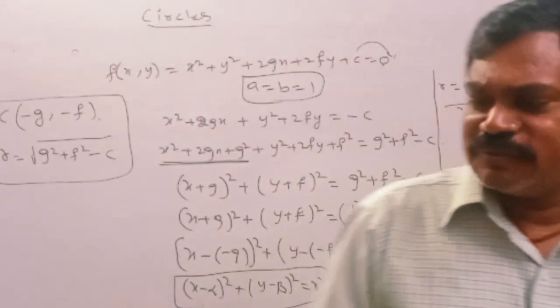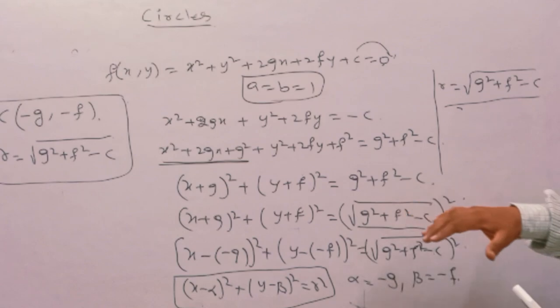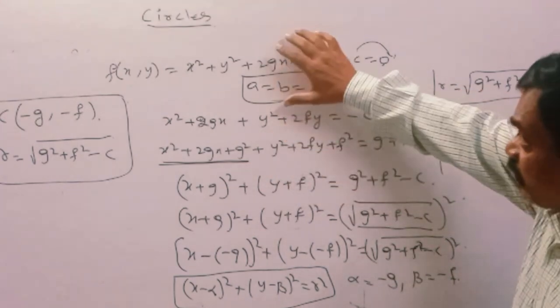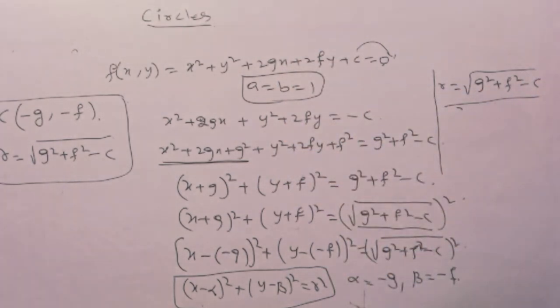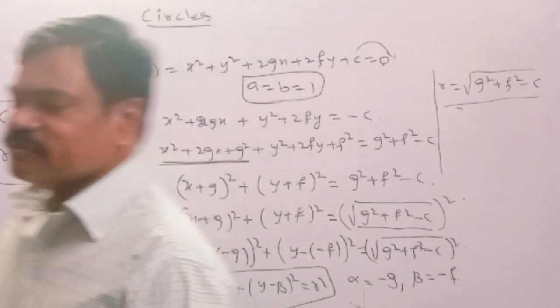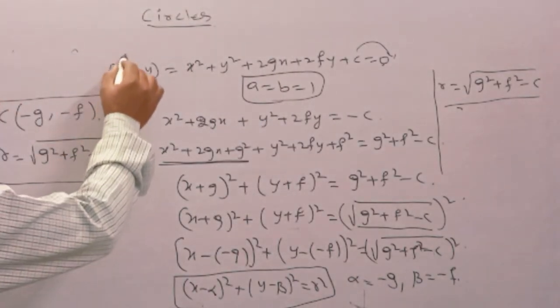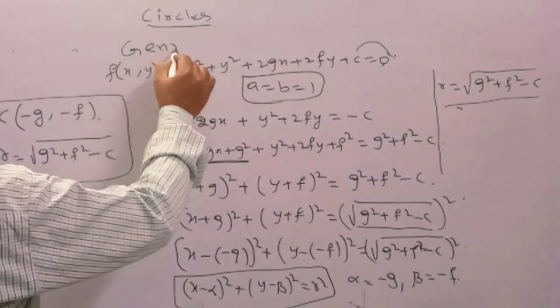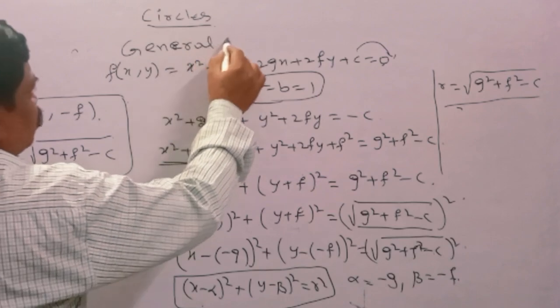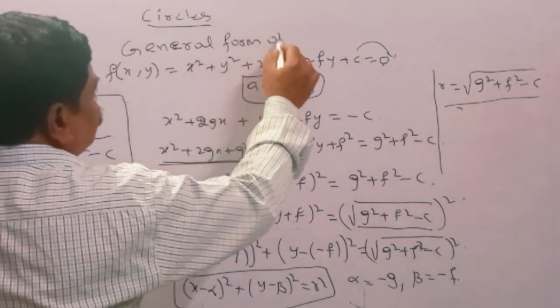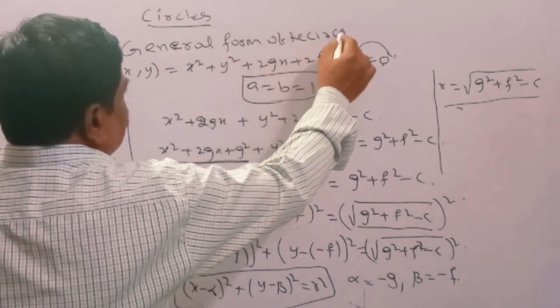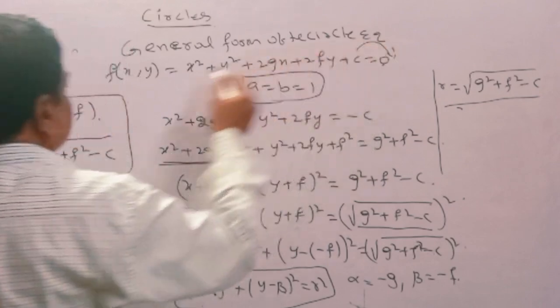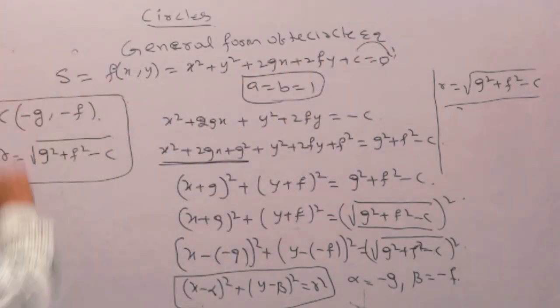Then this is the circle. This equation represents the general form of the circle equation, and it is represented by S. Then what is S?